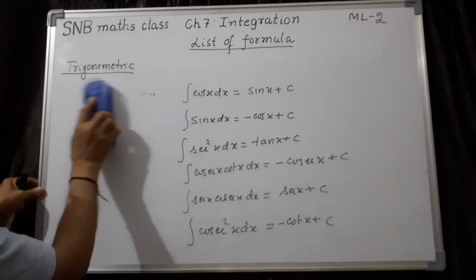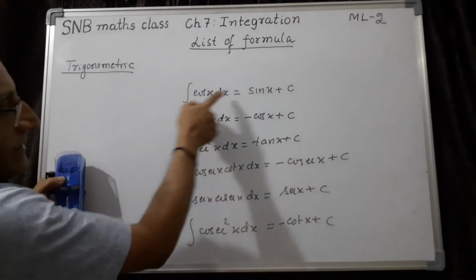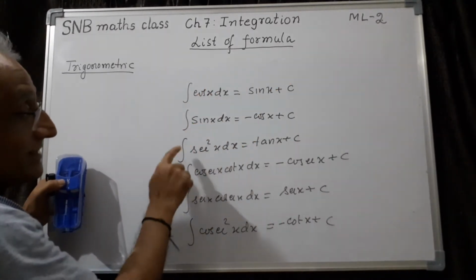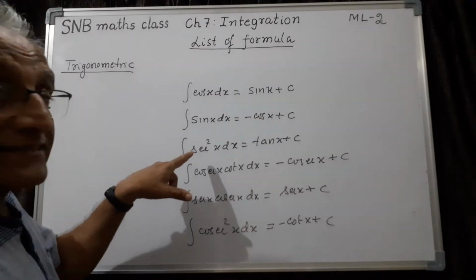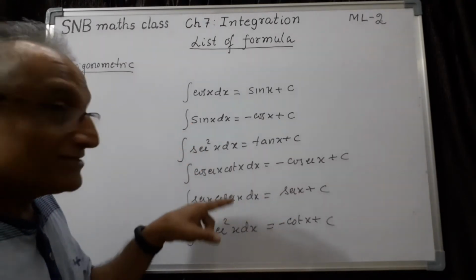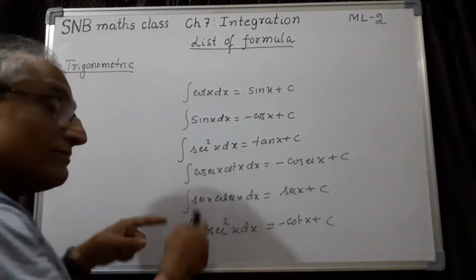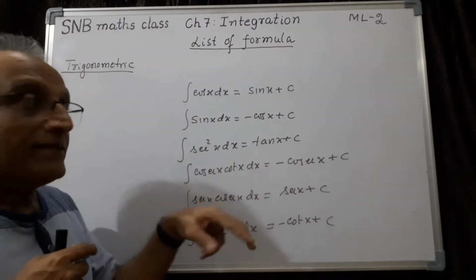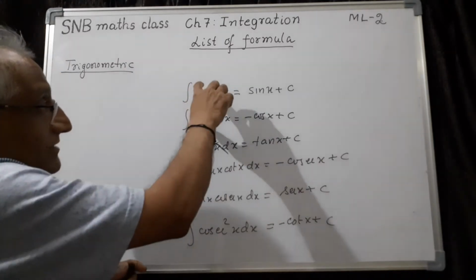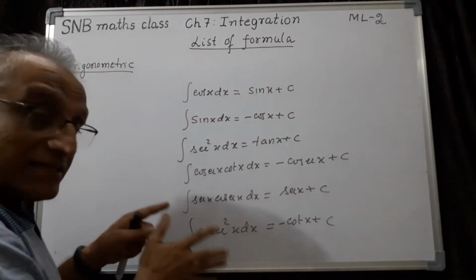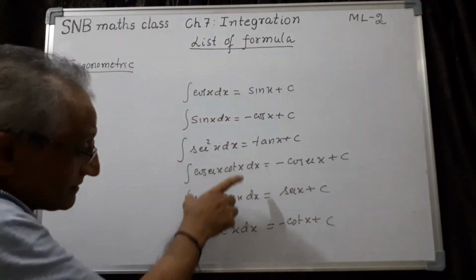First one is cos, direct, sin. Now you may ask, is there any formula for secant x directly? Answer is yes, but you have to wait. Similarly, even for cosecant x we have a formula. Tan x also, cot x also. Only for sin and cos we got direct formulas. Remaining we did not get yet. But these are the formulas you have to remember.